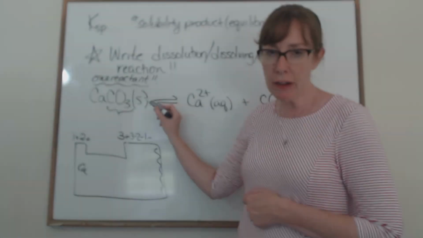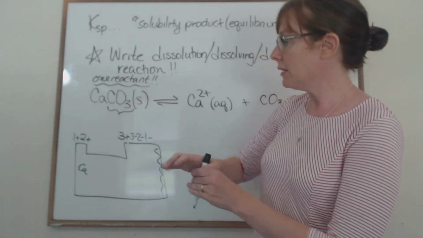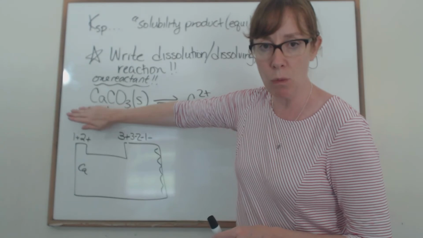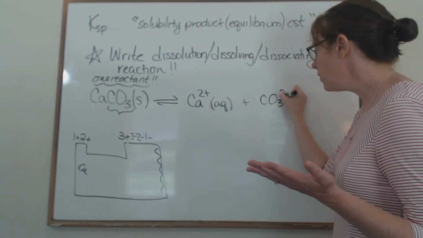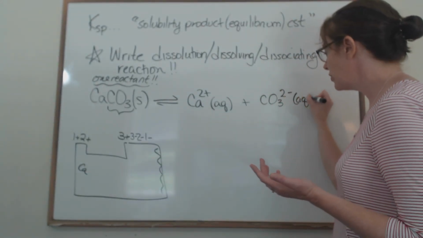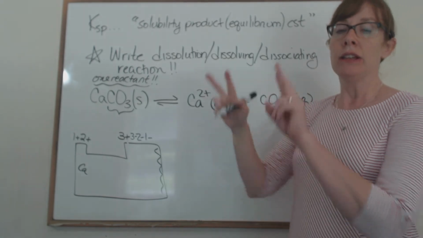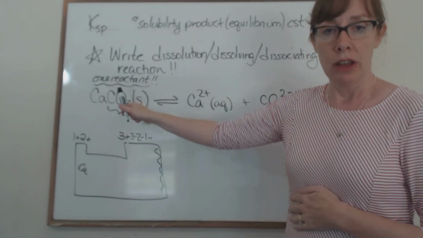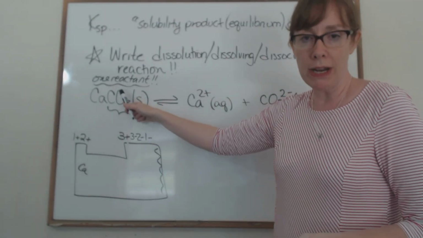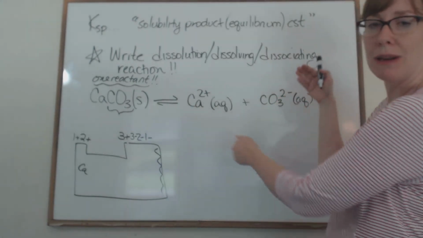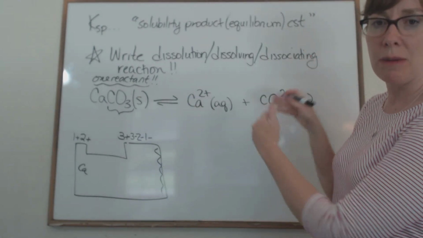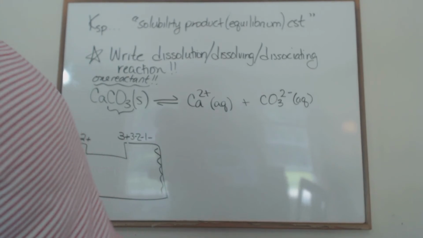And can you figure out what the charge would be? Because there's only one carbonate to balance out one calcium. So hopefully you see it's a 2- charge. That is the dissolution reaction. It shows it dissolving. And when it dissolves, it dissociates. That's why I'm saying you can kind of call it either. It breaks apart. So that would be the answer to that one.